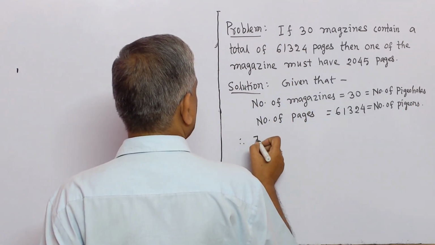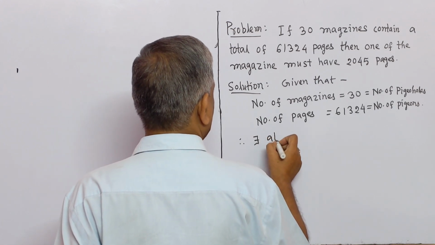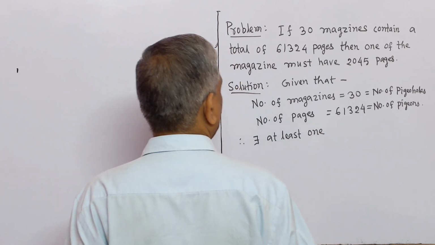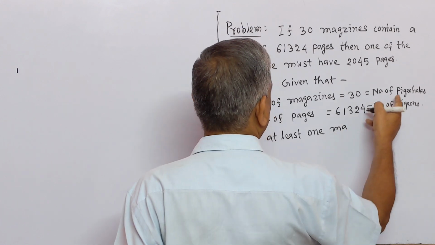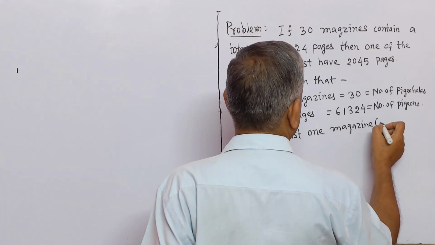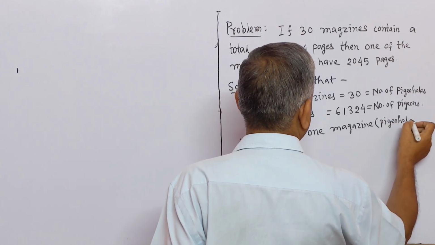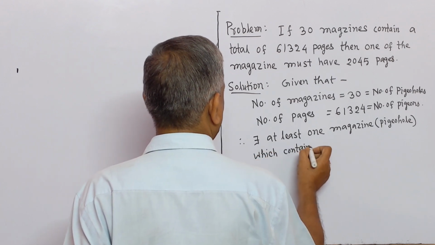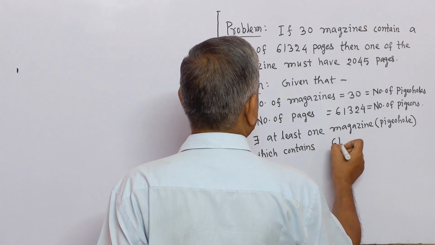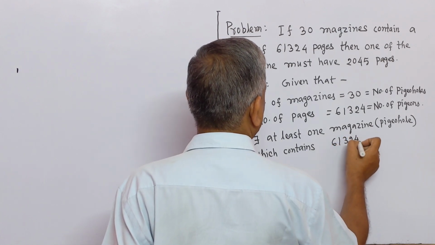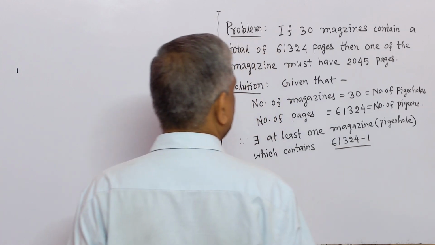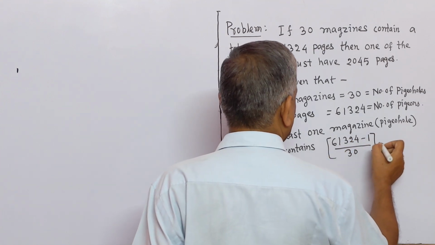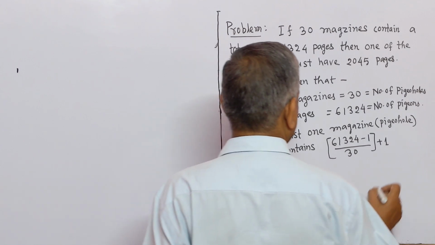Therefore, there exists at least one magazine, means one pigeonhole, which contains the greatest integer function of (61,324 minus 1) by the number of pigeonholes 30, plus 1 pigeons, means here pages.